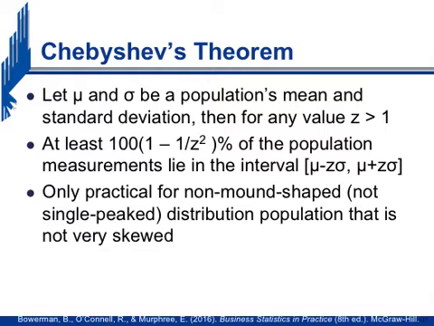So this should be corrected. This is practical or ideal for single peak datasets that are not very skewed. So datasets that are not normally distributed but are relatively not very skewed, and at the same time, the dataset only has a single peak.